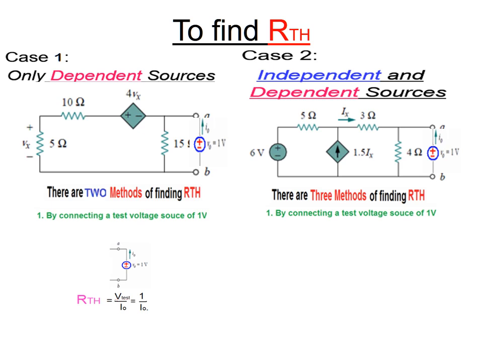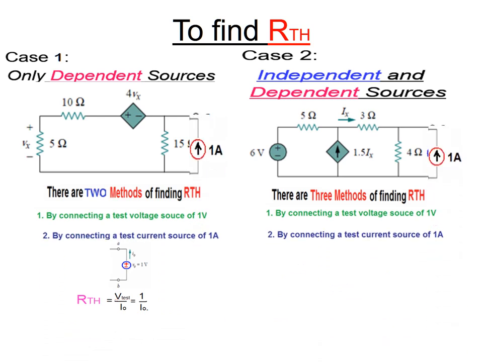There is another way: we can connect a current source of 1 ampere as a test source, and then we try to find the voltage V naught. If we can find V naught, we already have current 1 ampere.